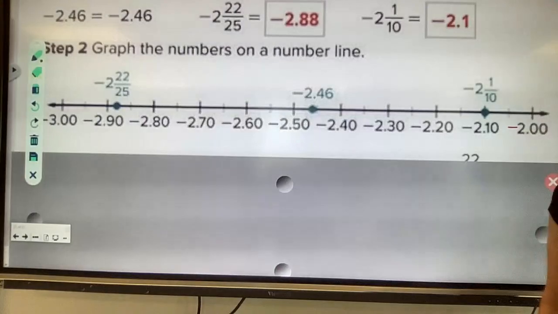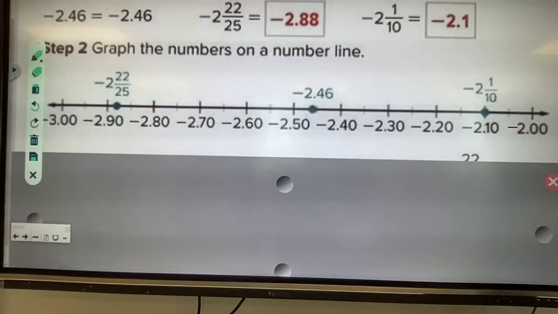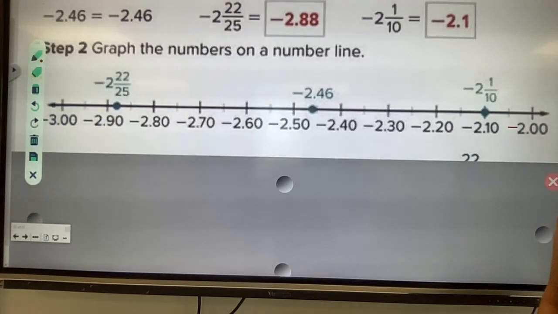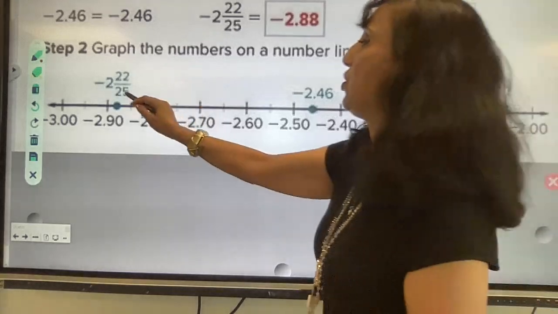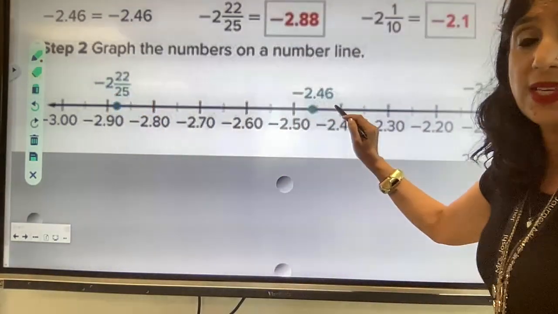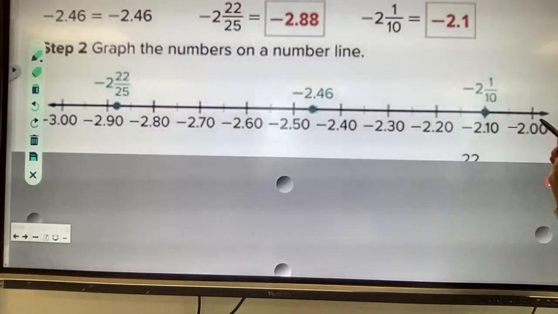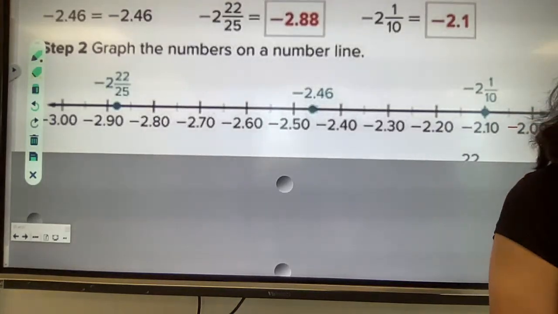So there is my line graph showing you. Since this is on the extreme right, this is going to be the largest. So going from the least to the greatest, negative 2 and 22/25 is the least, the next one is negative 2 and 46 hundredth, and the last one is negative 2 and 1/10.